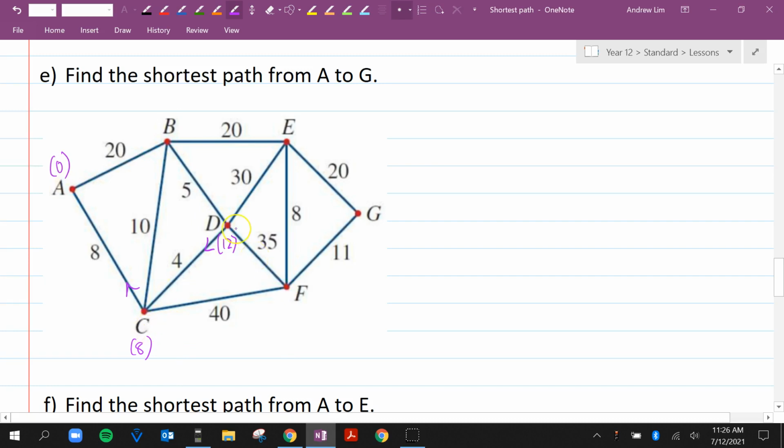So 8 plus 4, 12 from this 4 edge. Alright, let's go back to B now. 20 or 18 or 17, because 12 plus 5 is 17. So lowest is 17, and we got it from this 5 edge.